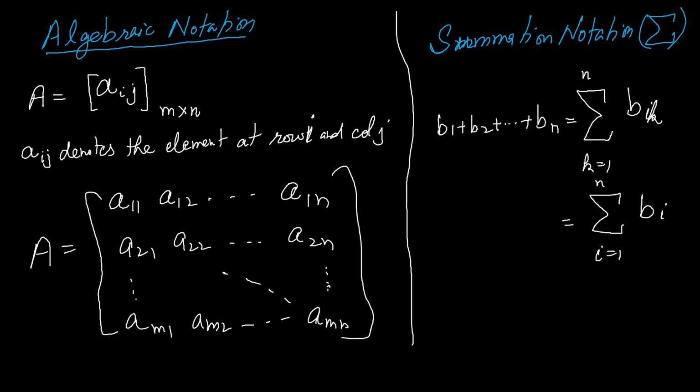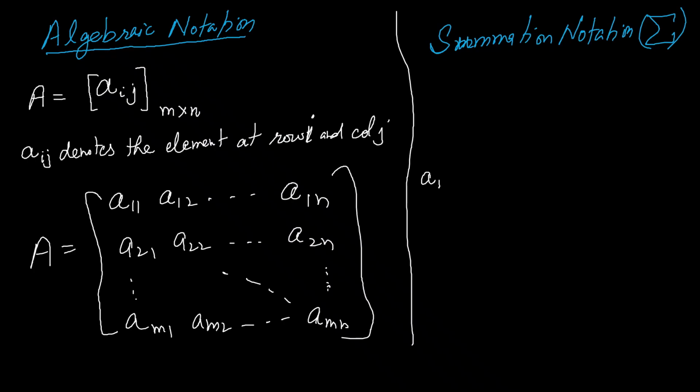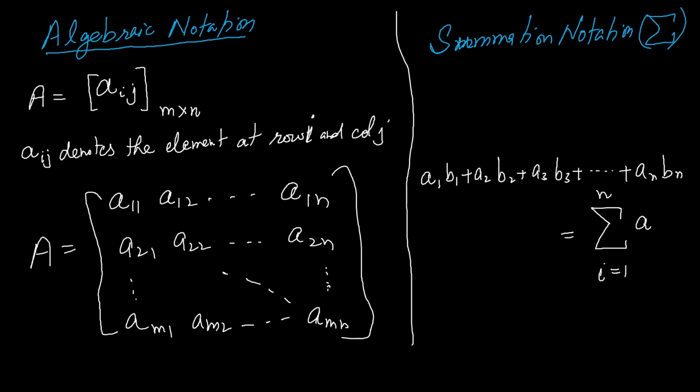This represents the sum of the same sequence b1 to bn. We can write the sum of all integers from 5 to 1000 as summation k from 5 to 1000 of k. Likewise, the sum a1 b1 plus a2 b2 plus a3 b3 up to an bn can be written as summation i from 1 to n of ai bi.